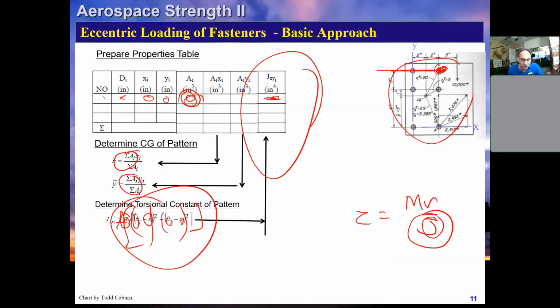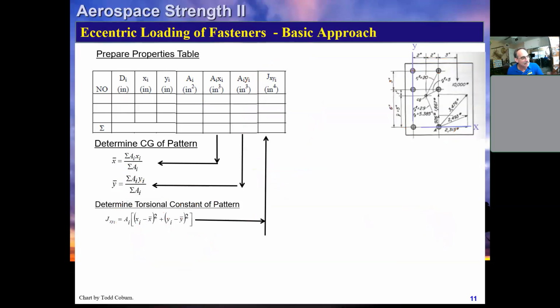So now we get an entry for each J. In this case, how many J entries are we going to have? 6. We sum up all those, and that gives us the J of the entire pattern. This is very similar, near identical, to everything that we've been doing for section properties with a slight tweak to be valid for fasteners.